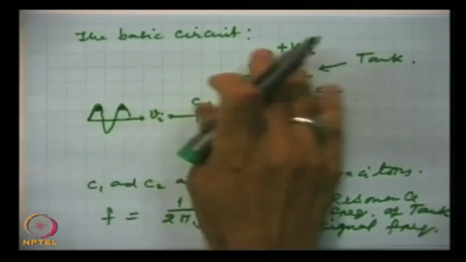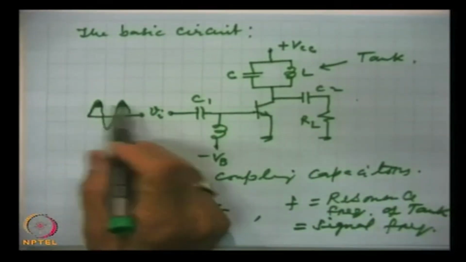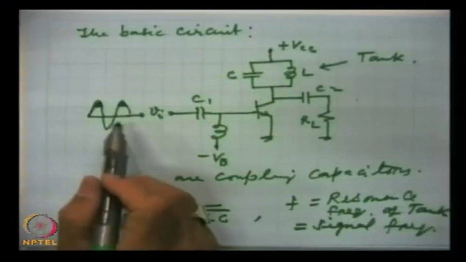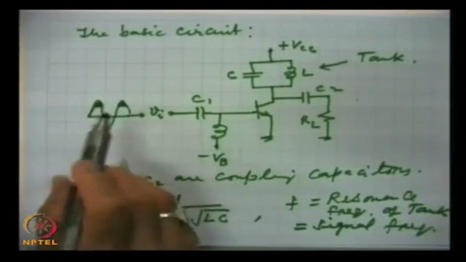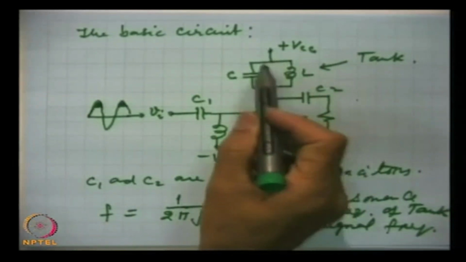In the absence of this, if we have only this circuit, then only these amplified pulses will occur, and these pulses will not be of any practical use. We can get back to the sinusoidal signal in a much amplified form through this tank circuit.